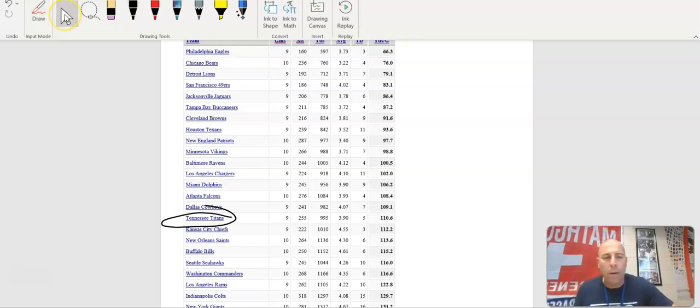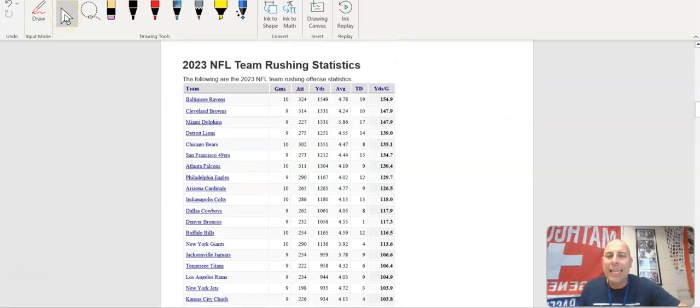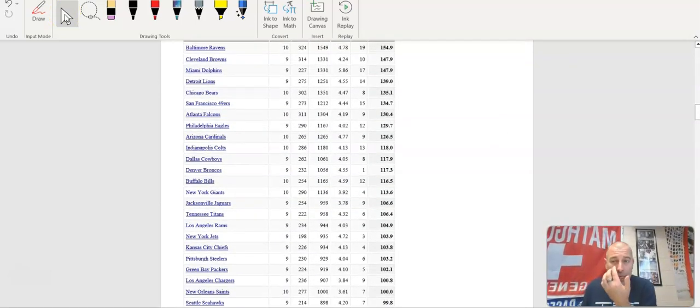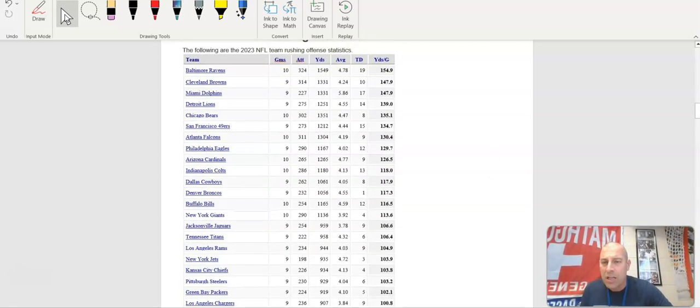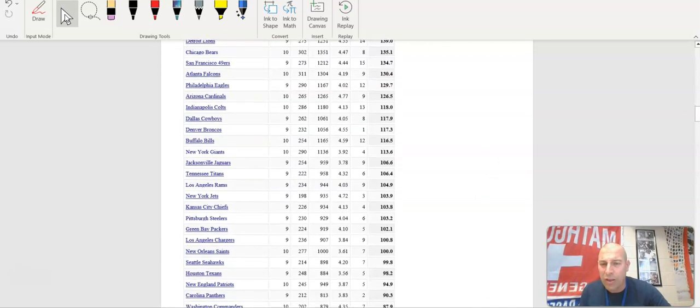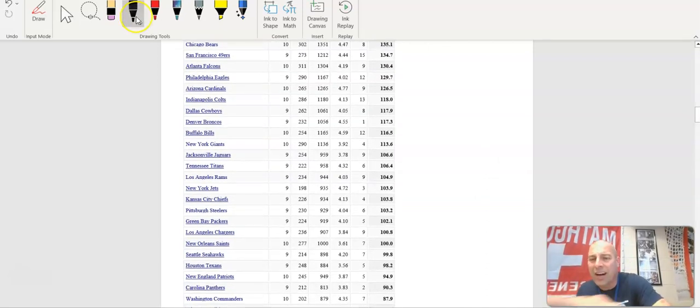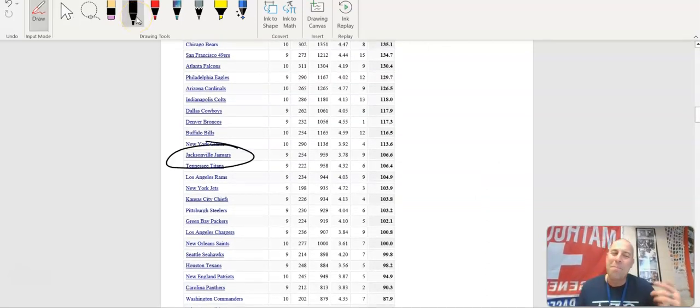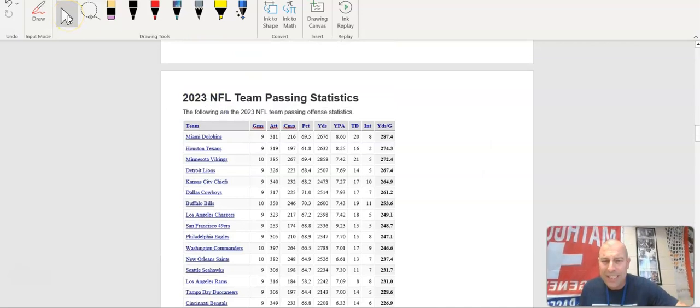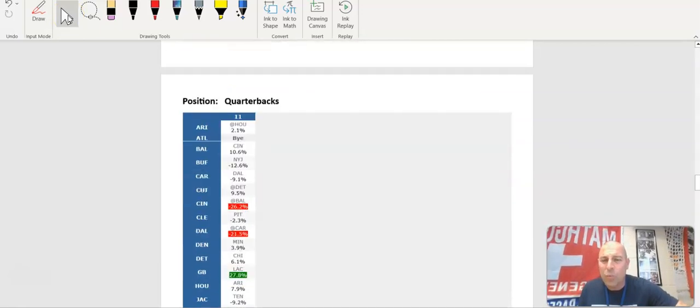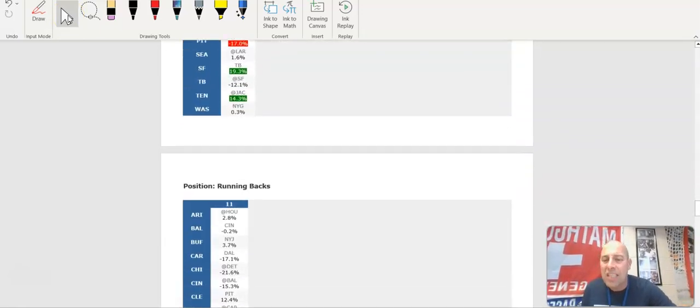As we go through our page here, we want to see his rushing. So let's see what we've got. He plays for JAX, J-A-X, so that's Jacksonville Jaguars. As I go down through the list, there they are, again kind of in the middle. So we've got two averages going against each other. Let's go a little bit deeper into this and look and see what running backs have done.